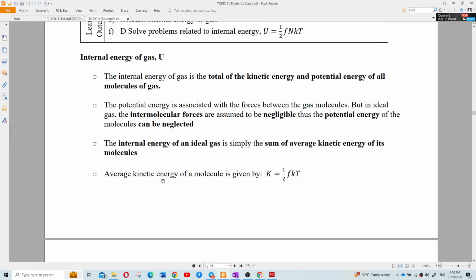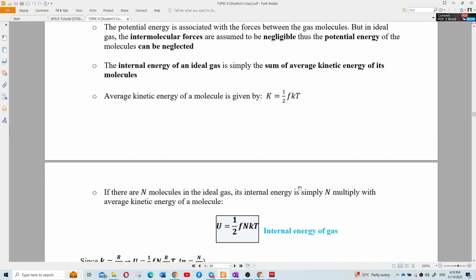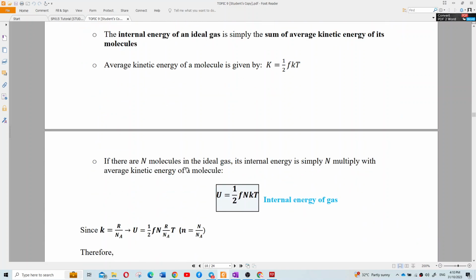One molecule has 1/2 fkT, so in the ideal gas you have N molecules. Then the internal energy is simply multiplied by N, because one molecule is 1/2 fkT.